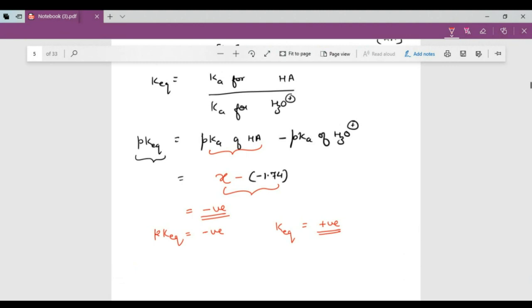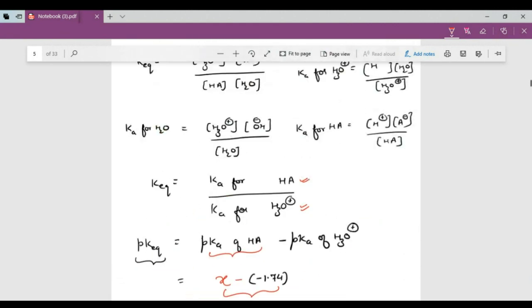It will have a positive power, so it will be greater than 1. What does it mean? That if Ka of HA is greater than Ka of H3O plus, then this equilibrium will move forward. That is, if HA is acting as a stronger acid than H3O plus, then the equilibrium is moving forward.